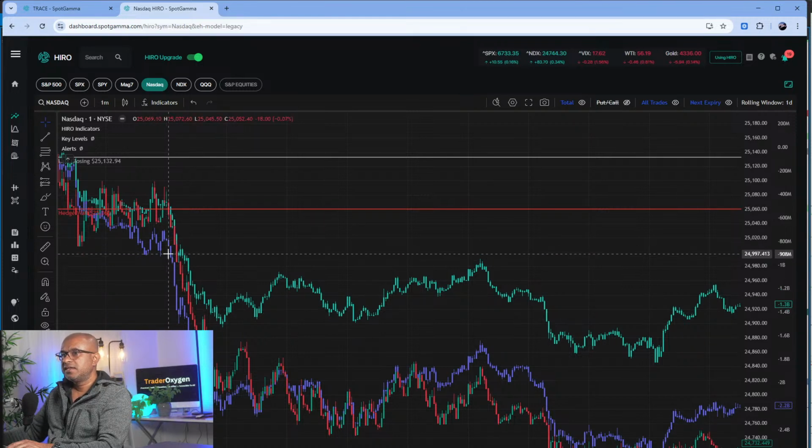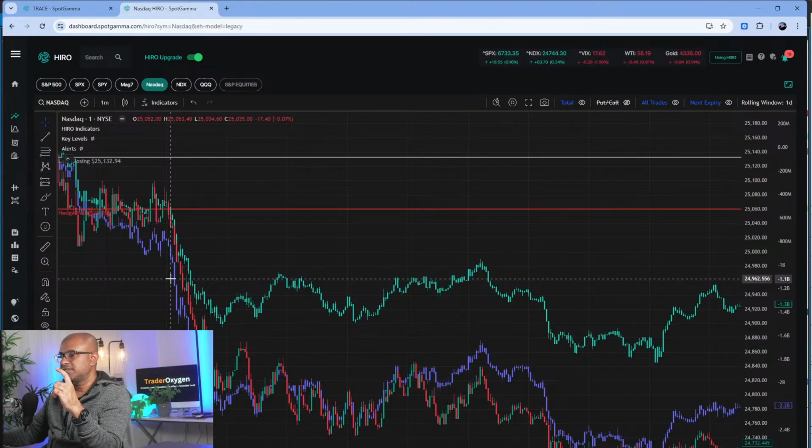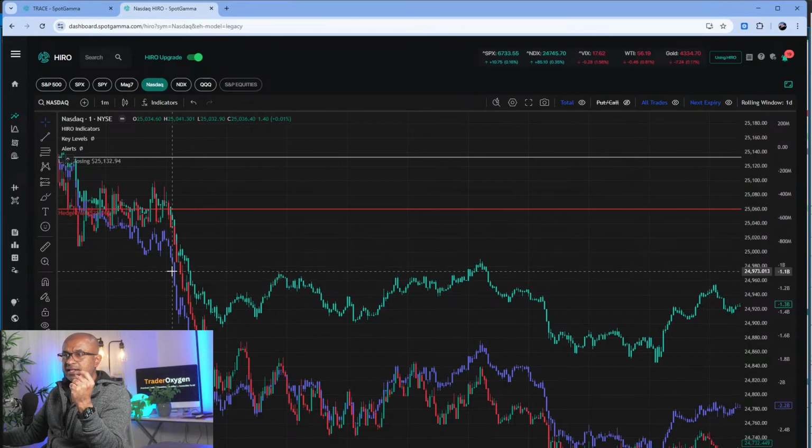The large dealers and market makers at 10:30 am are heavily bearish, this purple line. If you look at the scale on the right hand side, it's negative 1.1 billion bearish dealer hedging at this moment.